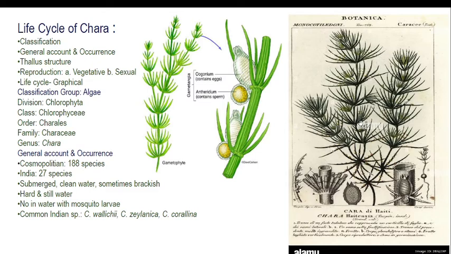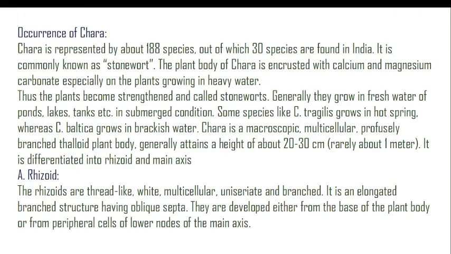This is the main branch, and on that main branch there is a development of limited growth of filaments. This is the nodal portion, and on that nodal portion there is a development of limited growth branches. This is the globule and this one is the nucleus. So one by one we are going to know about this.